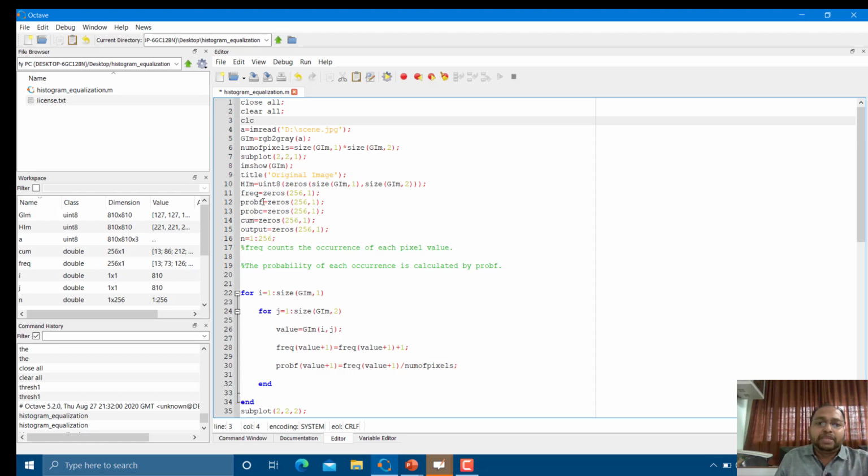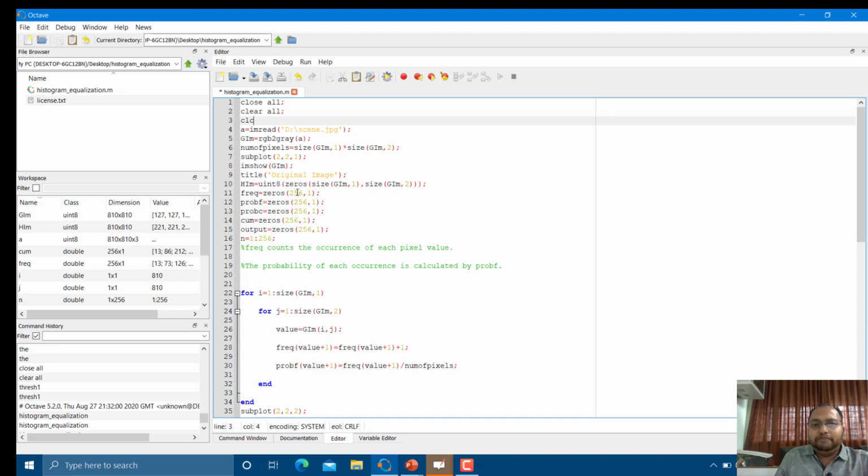Now let us define the different variables which are required to find the frequency, then the probability distribution function, that is PDF, then the cumulative distribution function, and finally the output image. We have defined it with unsigned integer 8, which means it will have values ranging from 0 to 255.